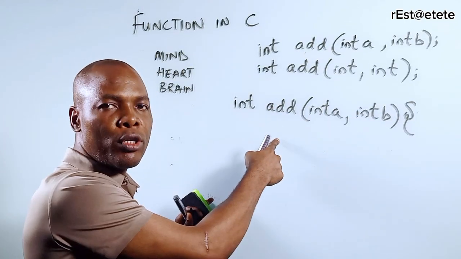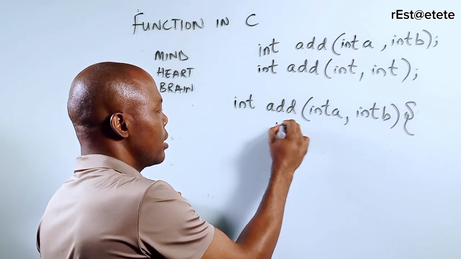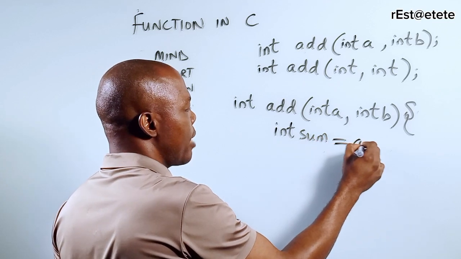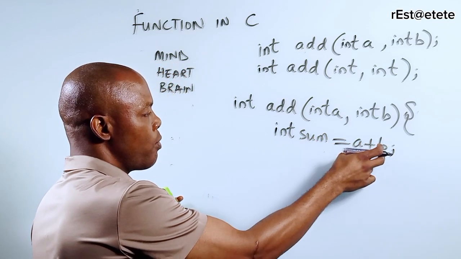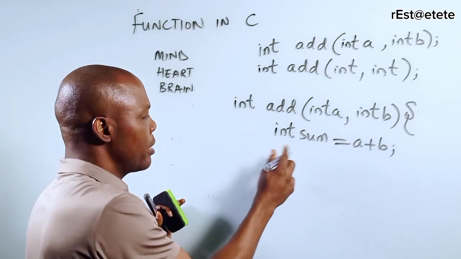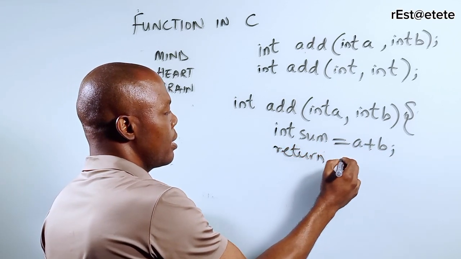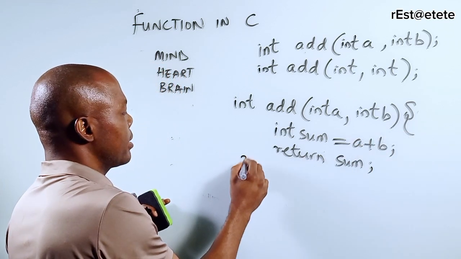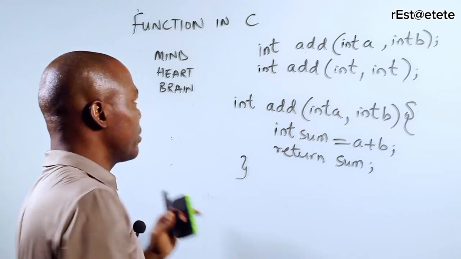Then inside this function, I am going to create another variable, which is int sum, right? And I want it to house this. So A and B will be supplied. Once it is added, it will be saved in this place. Then I will say return sum. Then my curly bracket, I will close it here. So this is a function that I've written.